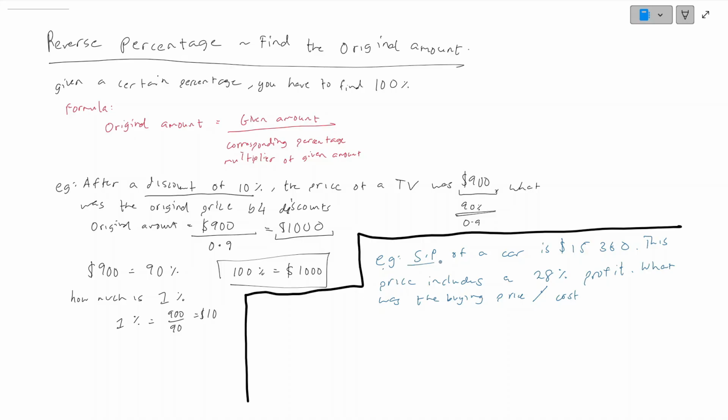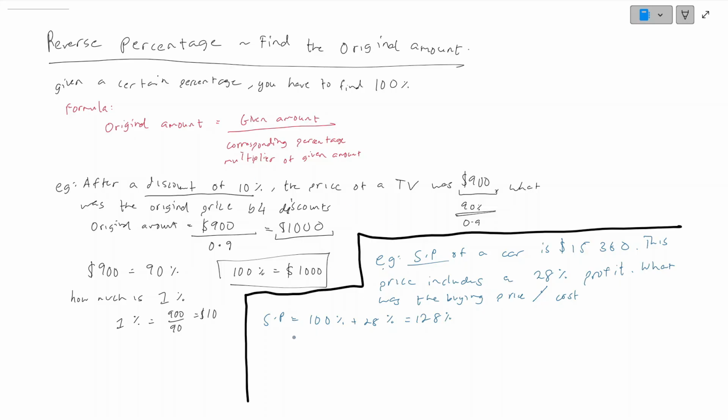And if that selling price includes a 28% profit, that means that selling price in percentage is 100% plus the 28% profit, which gives you 128%. So the selling price is corresponding to 128%. And so you want to now find what is that 100%? What was the original price that it was bought for?